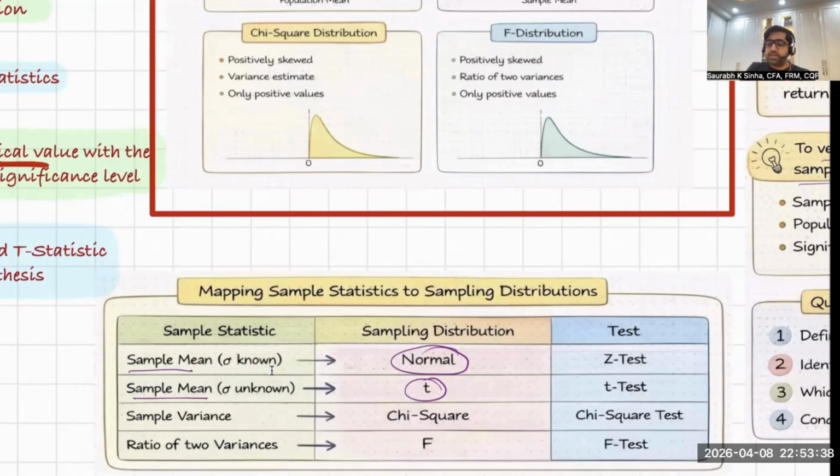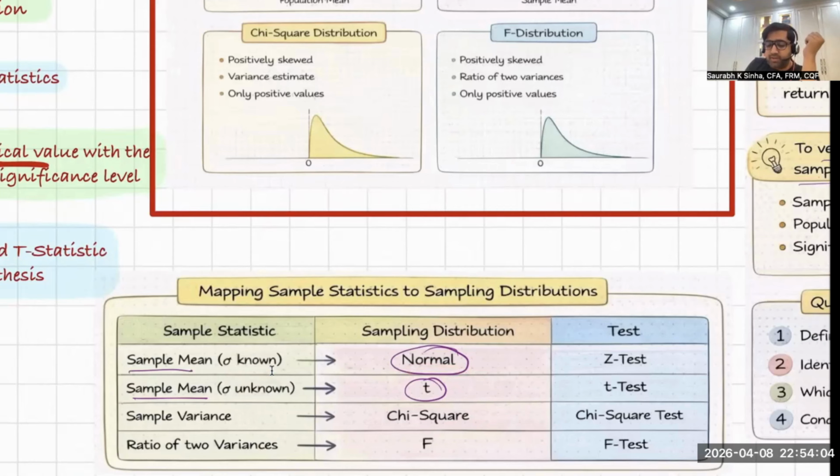Now, normal versus t distribution. When to use normal, when to use t distribution. If you're testing sample mean, then should I go with normal or should I go with t distribution? The rule is if the population variance is known, the sigma symbol is for what? Population variance. If the population variance is known, you will use normal distribution.